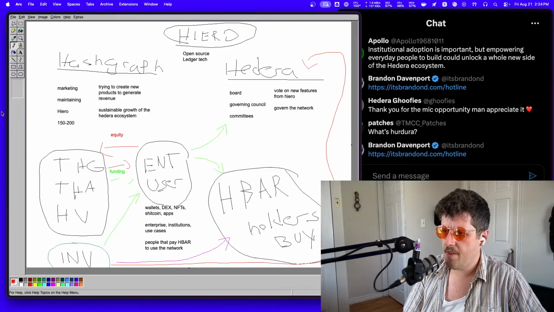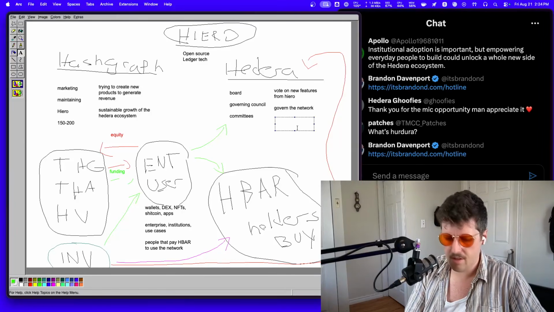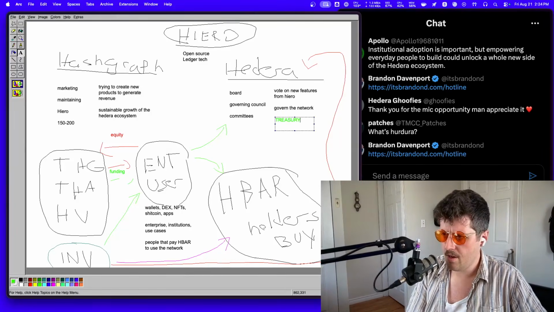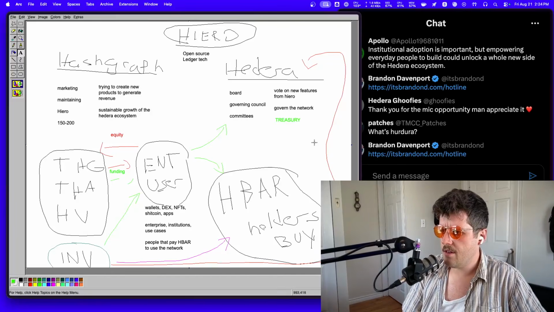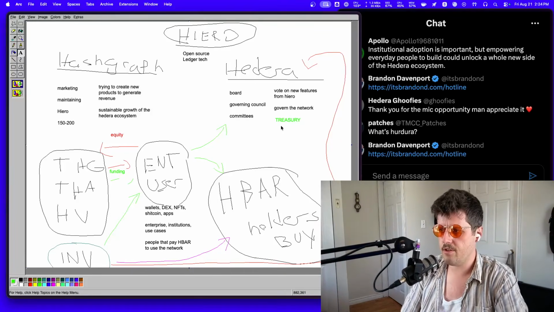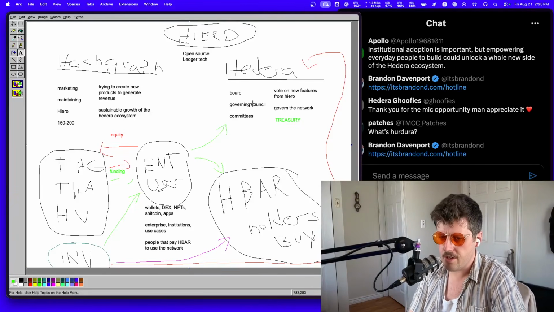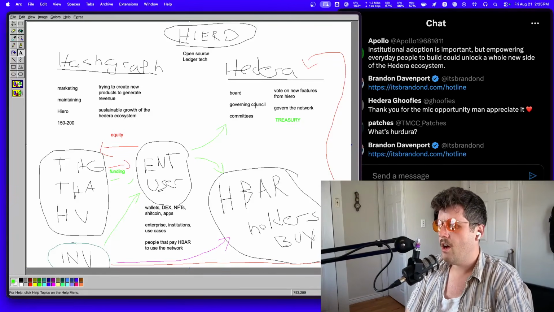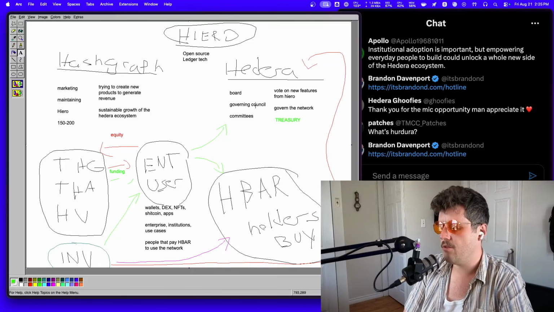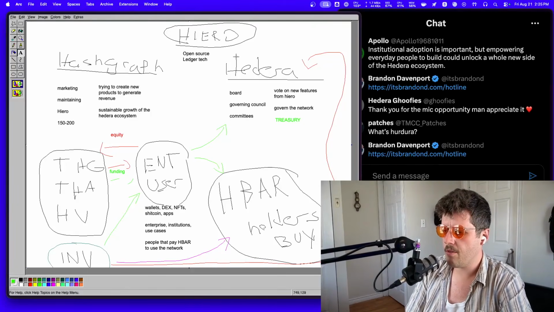And Hedera has, and again, this is all on chain, right? You can go and look this up and everything like that. So Hedera has the treasury, right? This is where all of HBAR converges. And what the governing council does with that treasury is they vote and decide where they're going to disperse those funds for ecosystem growth, right?